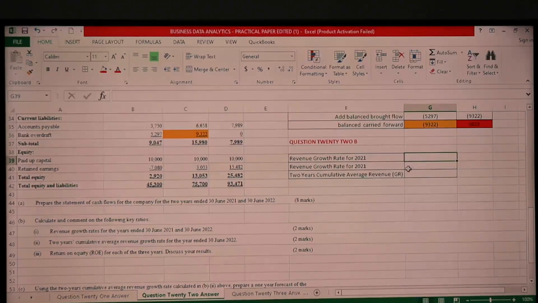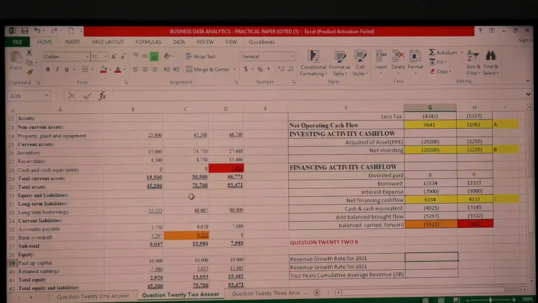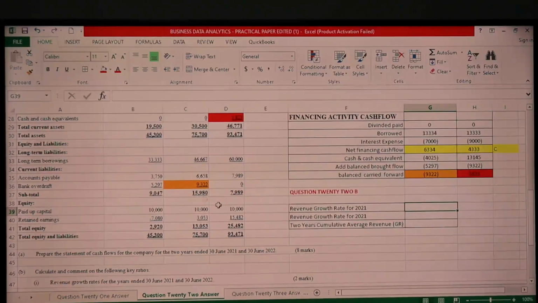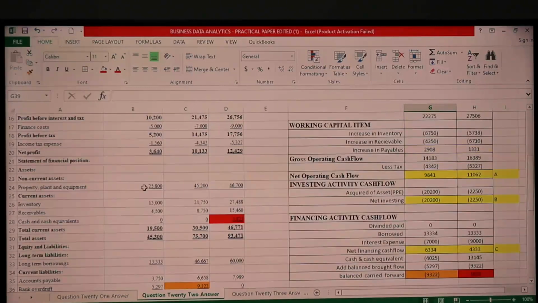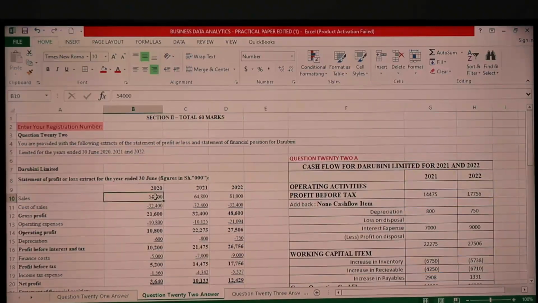And how do you get the revenue growth rate for 2021? Very easy. You're supposed to pick the values of your sales. The sales are given above, that in year 2021, the total sales were 64,800. This year, we have 54,000. So if you are to pick this, first you take the growth.